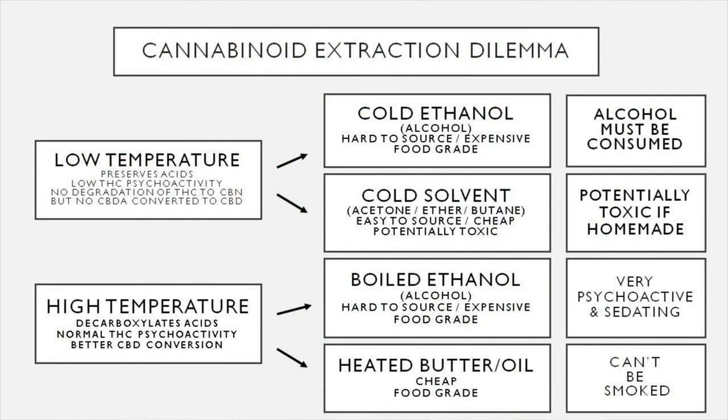A lot of people with cancer don't want to consume 50, 100 mil of tincture a day. So they're kind of stuck between this choice and this choice, not being able to take the THCA, but having to take the THC instead, or going all the way to CBN.